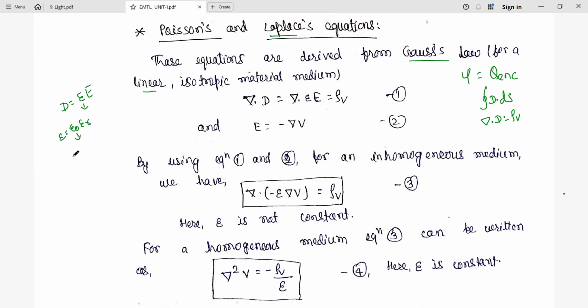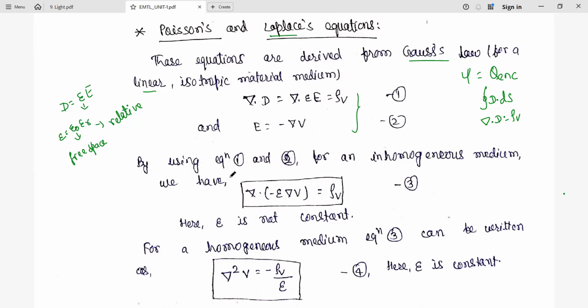Epsilon naught is the permittivity of free space and epsilon r is the relative permittivity. Once you substitute the expression here, we have another equation, the relation between electric field and potential, that is E equal to minus del V. So these two are the Maxwell equations.